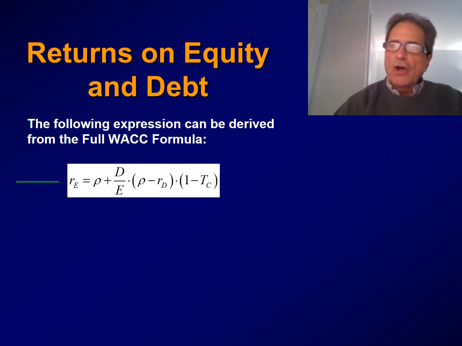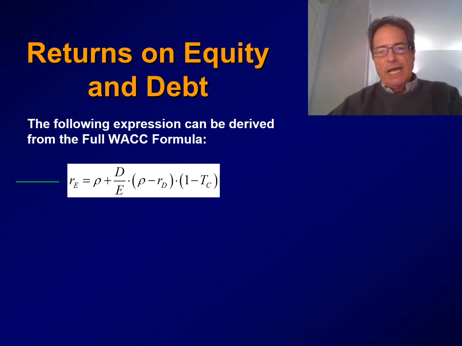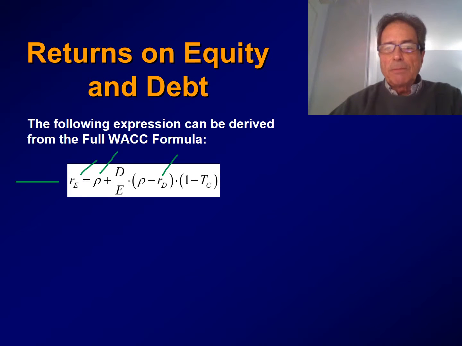This formula just comes from the WACC formula. It's just another version of the WACC formula. And according to this expression, we see that the discount rate on equity is equal to rho plus D over E multiplied by rho minus RD multiplied by 1 minus TC.